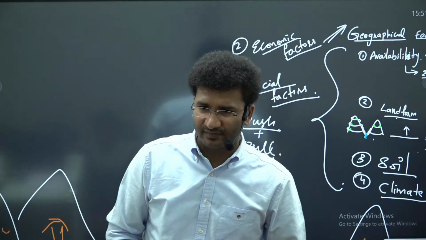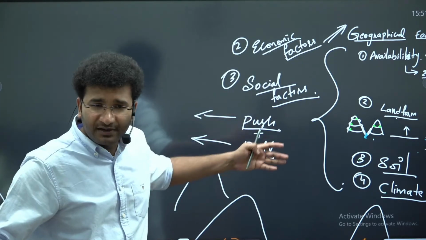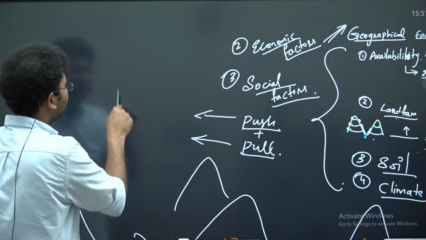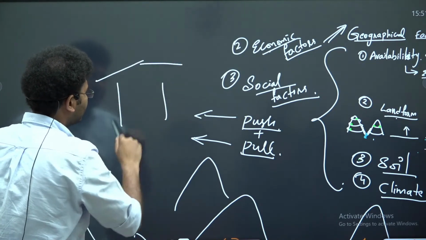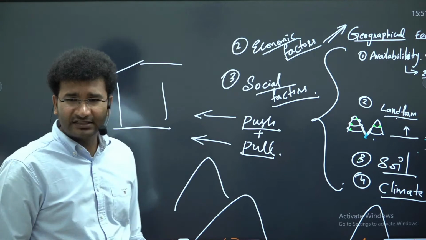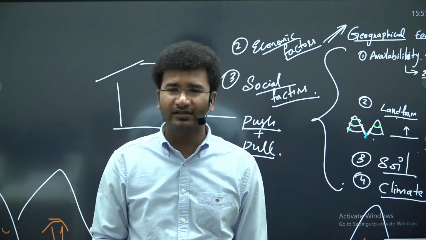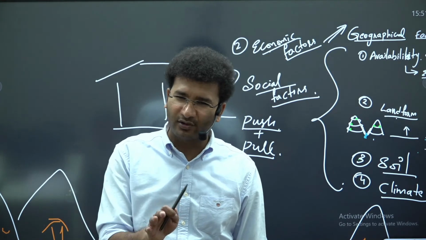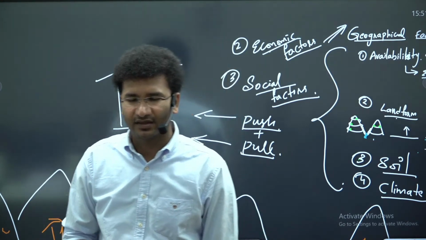It's like that. Now, push factors can be social conditions also. Imagine that this is a small village. Orthodox caste system or the age-old traditional systems which are there, that will also lead to the push factors. Okay.